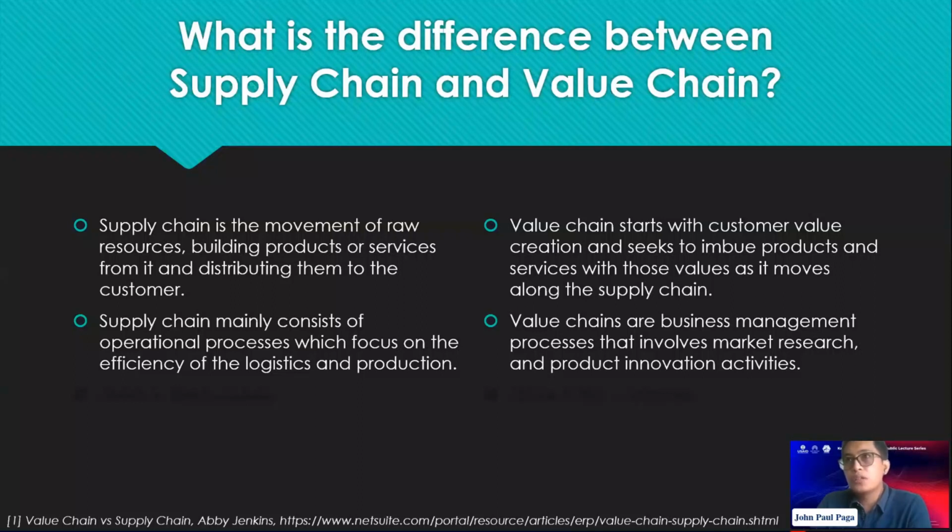So going back to our car manufacturing situation earlier, if we are looking at the supply chain, how are we going to make it more efficient? Ano yung i-incorporate natin operational processes during the manufacturing para we bring down the cost, mas malaki yung revenue natin.